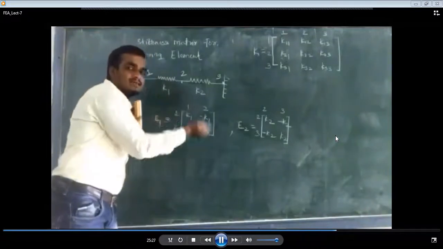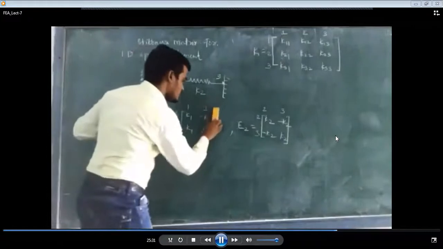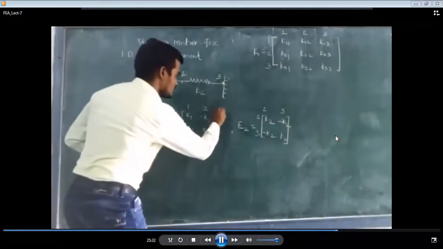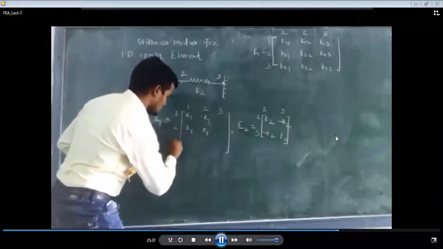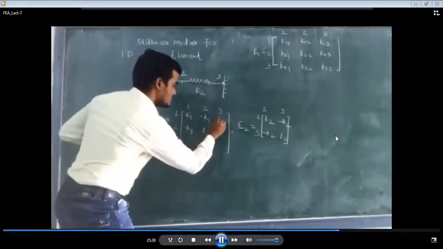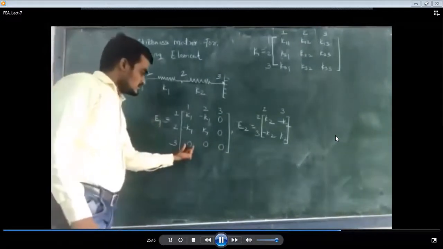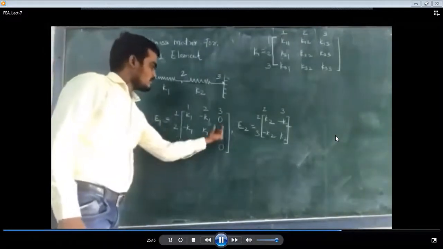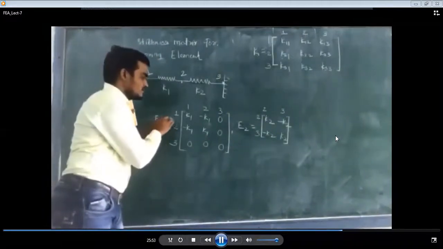Our global order is 3 by 3 and here we have written 2 by 2. So we can write the third row as well as the third column as null values. This is nothing but your 2 by 2 matrix, but by adding the third row and third column with null values, you can write it in global order.